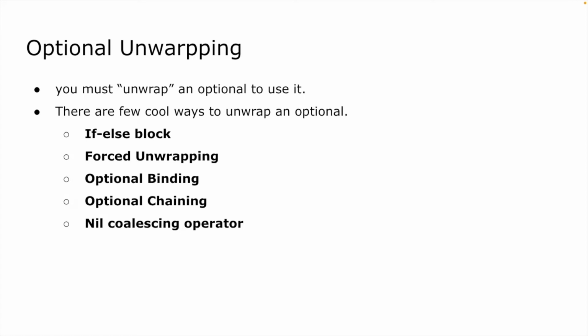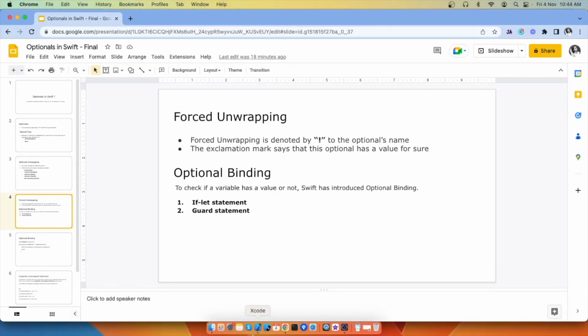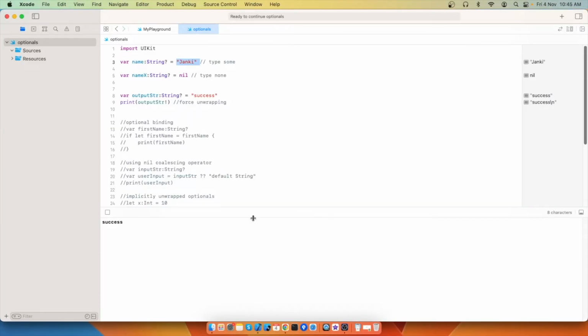So let's move forward with force unwrapping and understand what it is. Force unwrapping is denoted by the exclamation mark after the optional. If you want to force unwrap the optional, then you need to use the exclamation mark. So let's go to Xcode and check.